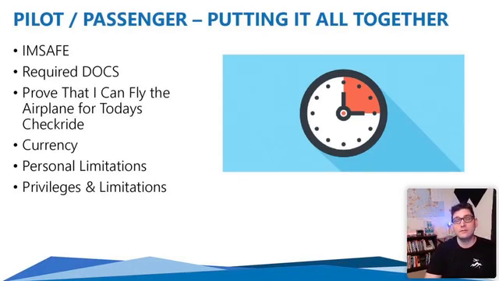The first thing we're going to do is make sure that we're healthy and safe, both of us, before we head out. To do that, we're going to use the Pilot and Passengers items, and the first thing is the I'm Safe acronym. I'm safe, if we look at it, starts with illnesses. I'm currently not ill. If I were ill in any capacity, I would not be taking this flight.